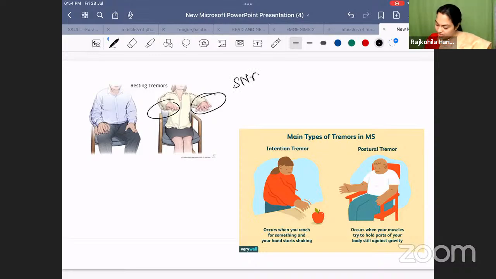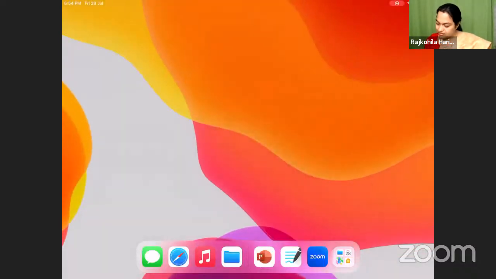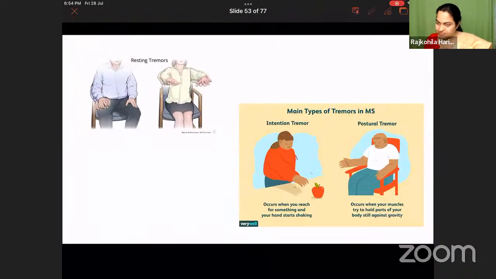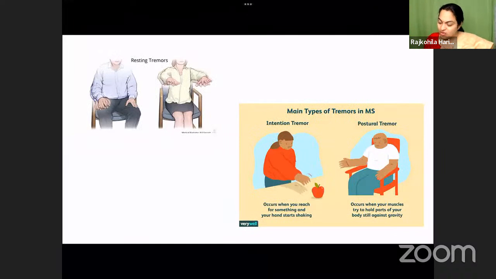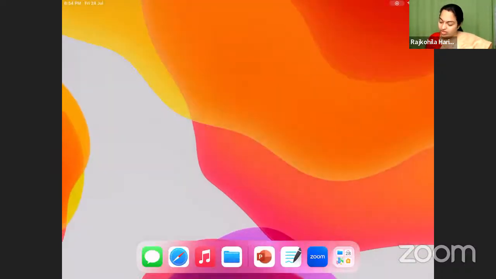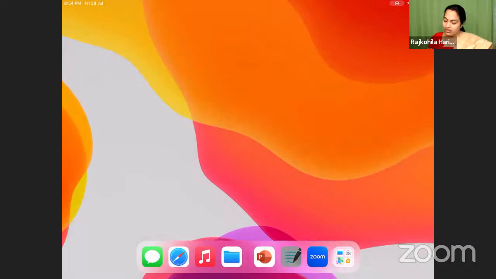Okay, I think I put a GIF here. You see the intentional tremor: when the person wants to perform an act, the tremor appears. That's very typical of cerebellar lesion. That's a very, very important clue for you to differentiate in a case scenario.